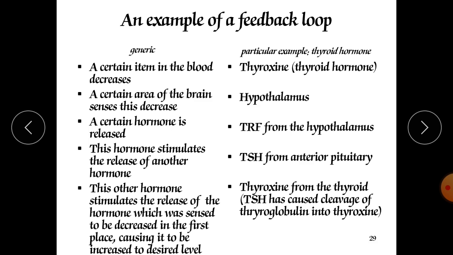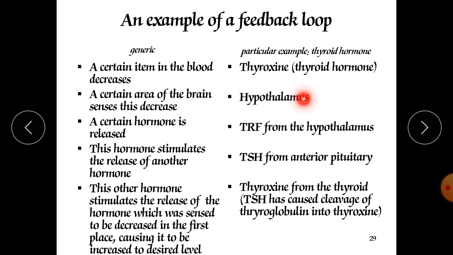Now the example is, a certain item in the blood decreases. Suppose the thyroid hormone thyroxine, T4, is going to decrease. A certain area of the brain senses this decrease, which is the hypothalamus. The hypothalamus gets messages from the various receptors, and then takes action through effectors.